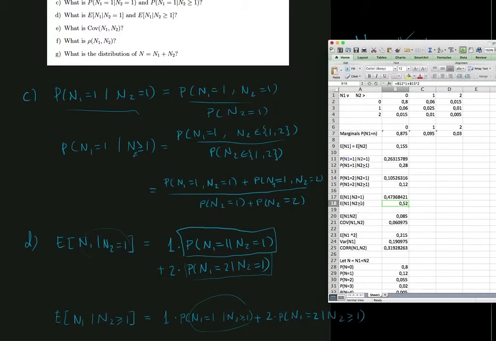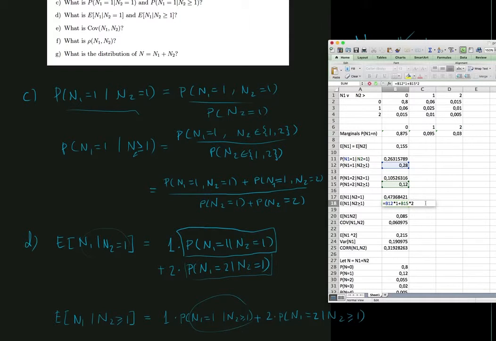So if I know that N2 is greater than or equal to 1 and not just equal to 1, then this conditional expectation increases a little bit. So what I get here is the probability that N1 is 1 given N2 is greater than or equal to 1, and the probability that N1 is 2 given that N2 is greater than or equal to 1. In the first term I multiply by 1, and in the second term I multiply by 2.